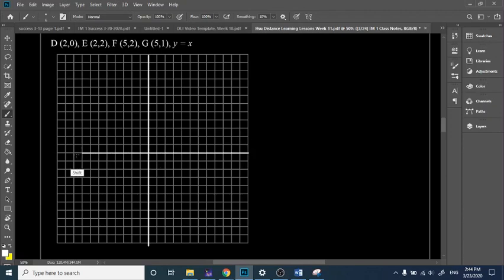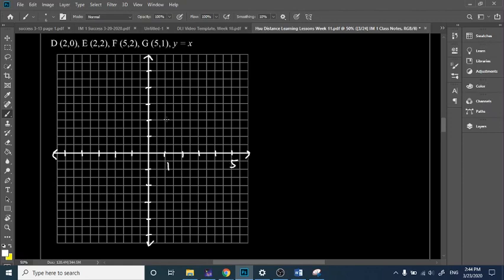Alright, so let's try this example. So I'm just going to go 5 all around. Probably not the most even, but it works.